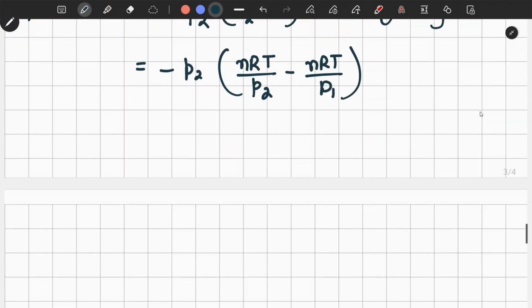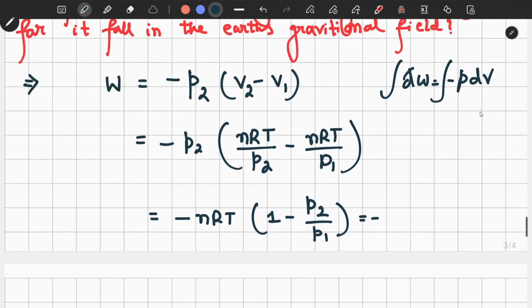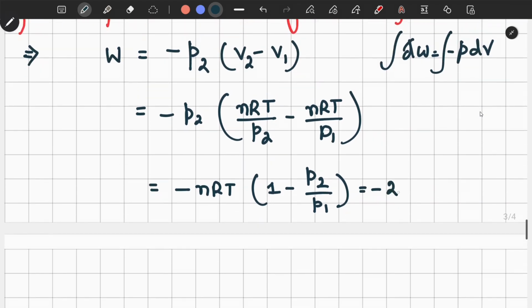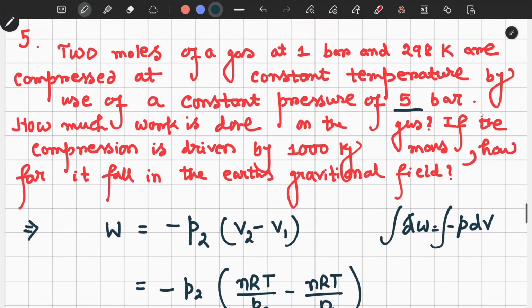So it will cancel P2. So it is directly nRT. If you take common, then it will be 1 minus P2 by P1. So it will be minus nRT, 1 minus P2 by P1. n is 2 moles, R is 8.314, T is 298. P2 is 5, P1 is 1.